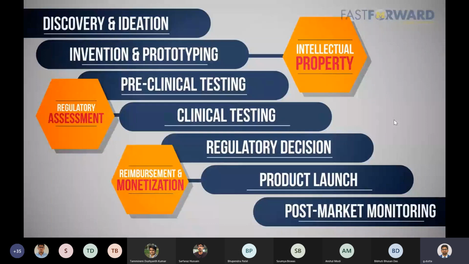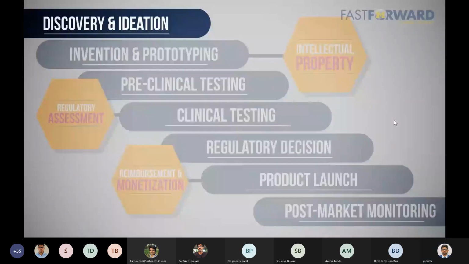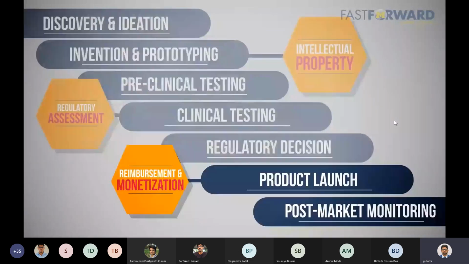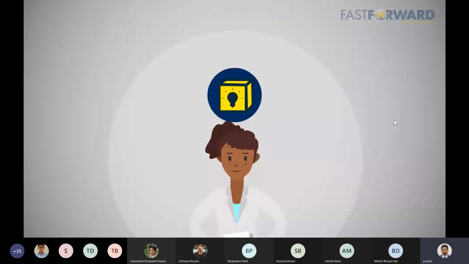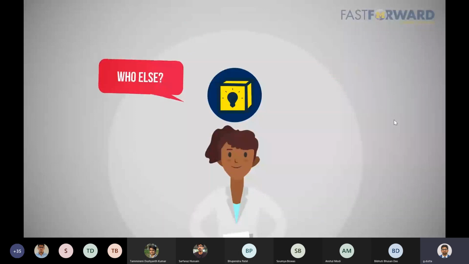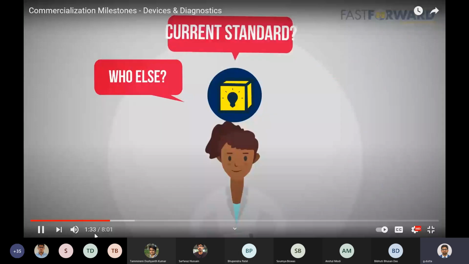Here's the plan. Make sure it's needed and that no one else is already doing it. Build a prototype and test it to make sure it works. Find someone to buy it or pay for it. You have an idea that was inspired from a problem or unmet need. Now, it's important to clearly define what that problem is, what's causing it, and what happens if it's not resolved. Next, figure out who else is trying to solve the problem. What is the current standard of care? Are there past failed solutions?